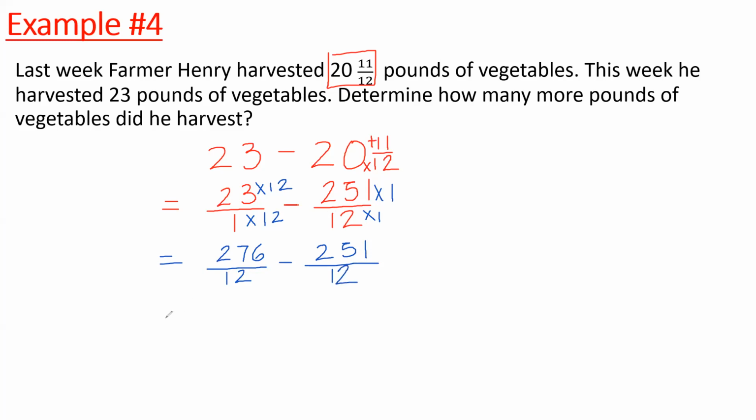Now we must subtract. 276 minus 251 is what? 25. So we have 25 over 12, and we have to convert that into a mixed number.